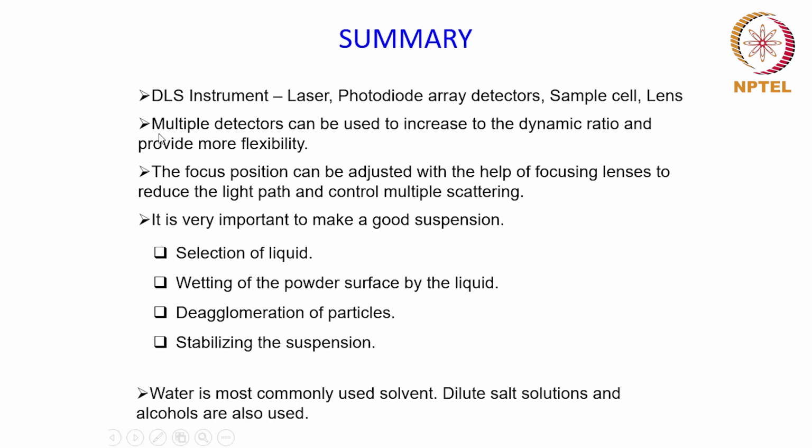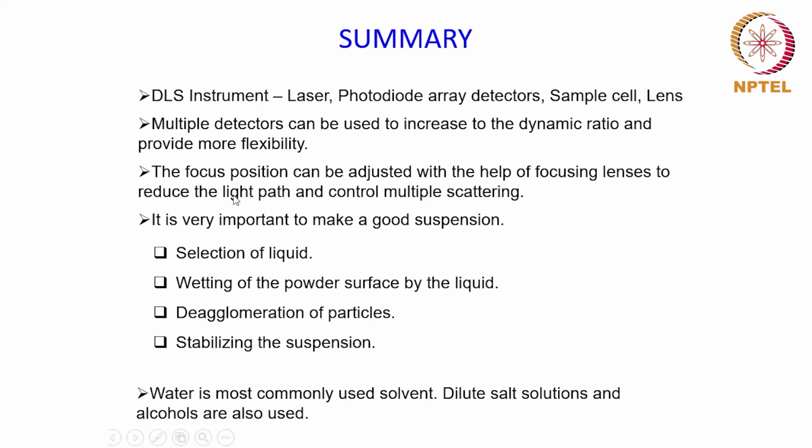And we have also seen that there can be multiple detectors in the same instrument, and this will increase the dynamic ratio, which is the ratio of the largest particle size to the smallest particle size, and will provide more flexibility to the instrument in terms of handling different types of samples.